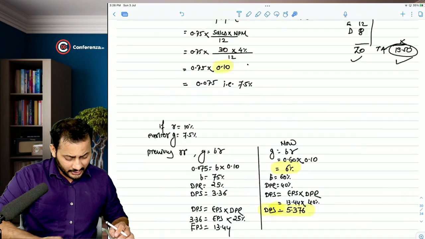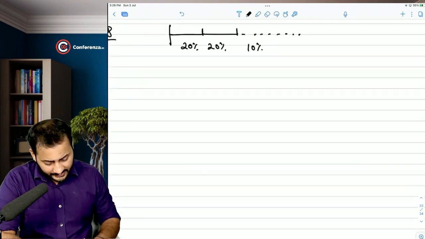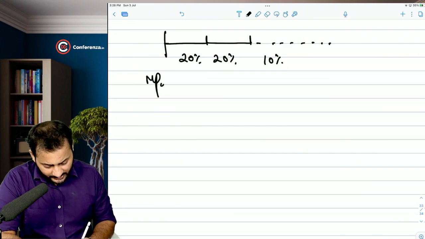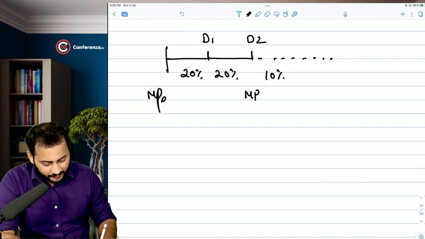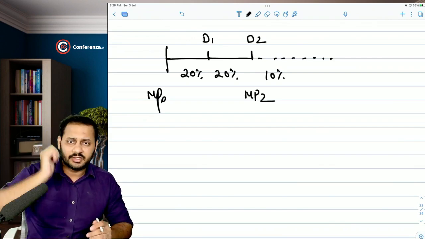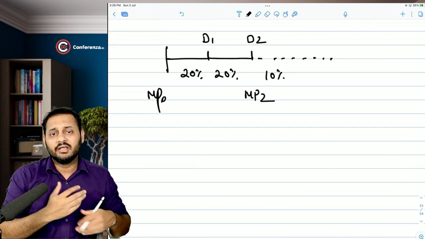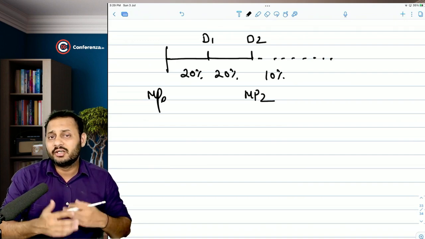Now in our question, we have to calculate the market price at 0th time. So for that purpose, we will be calculating D1, D2 and MP2. Understand the fact that after second year, perpetual period is starting. So we cannot keep taking D3, D4, D5, D6, D7, D8 because there is no limit to that.